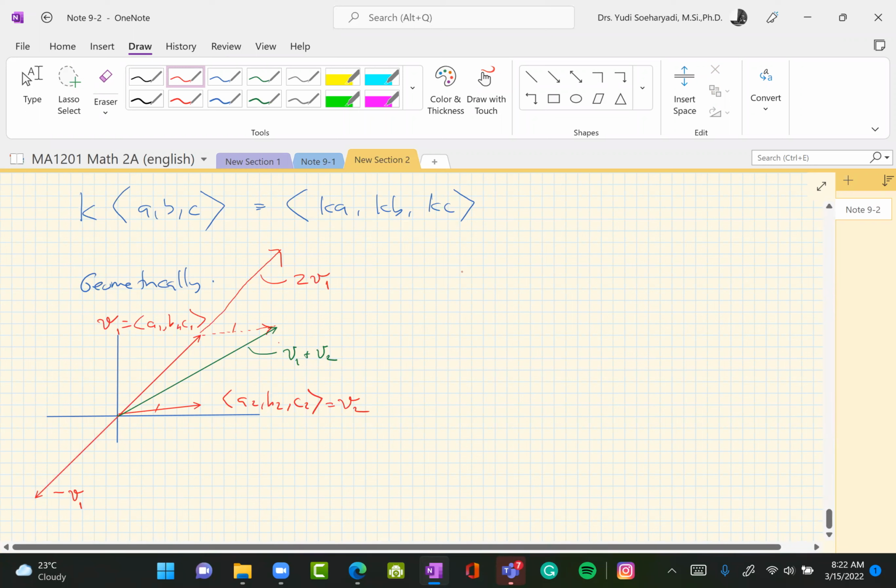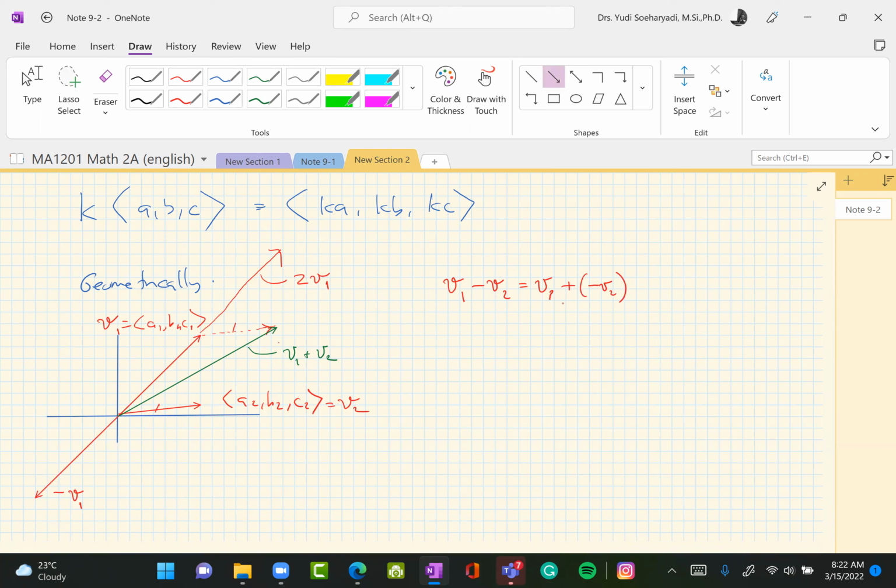So V1 minus V2, for example, is the same as V1 plus the negative of V2, the opposite of V2. So in that case, say this is the opposite of V2.